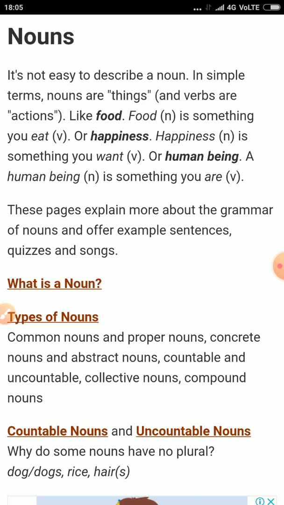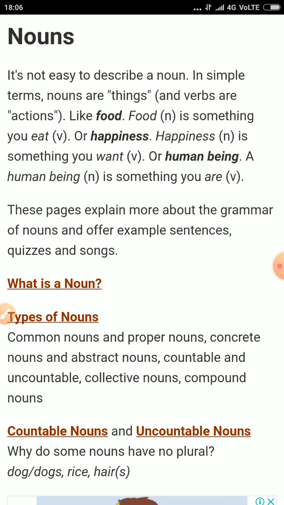Comprehensively, we can say that all things in your world, whatever you have seen since you were born until today, are nouns. Whatever you are seeing from your surroundings is also called a noun.